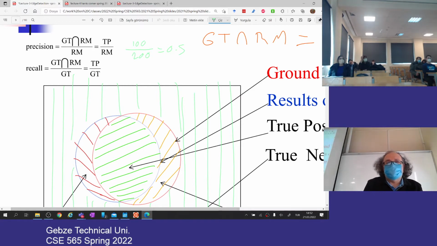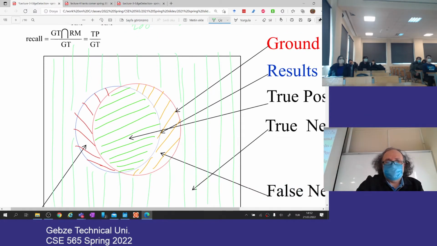Remember, the ground truth is the red circle, and the true positives is this intersection part, the green one. I like this to be as large as possible, and the largest it could be is 1.0. This is the recall.